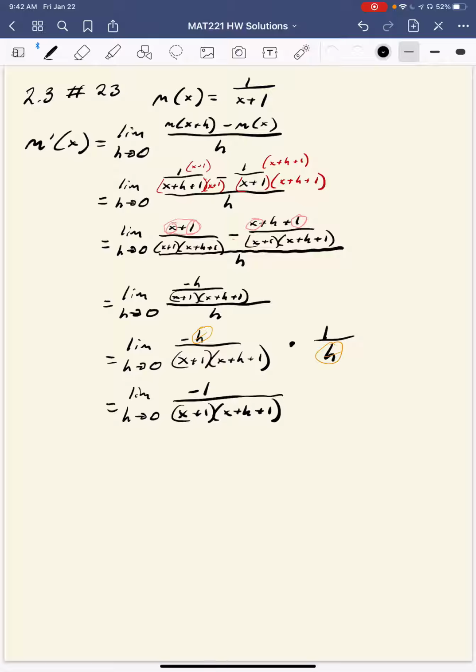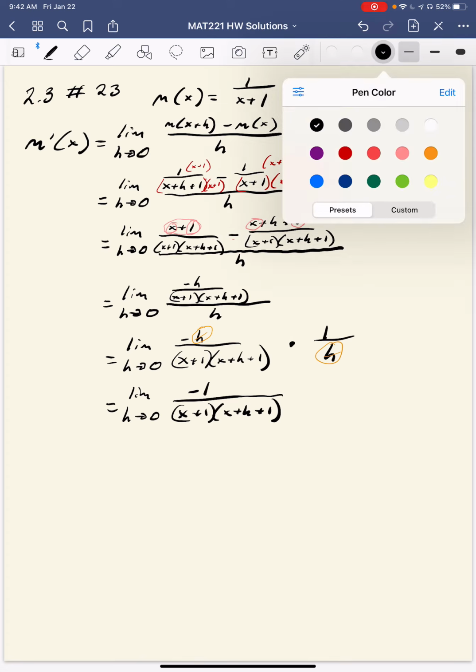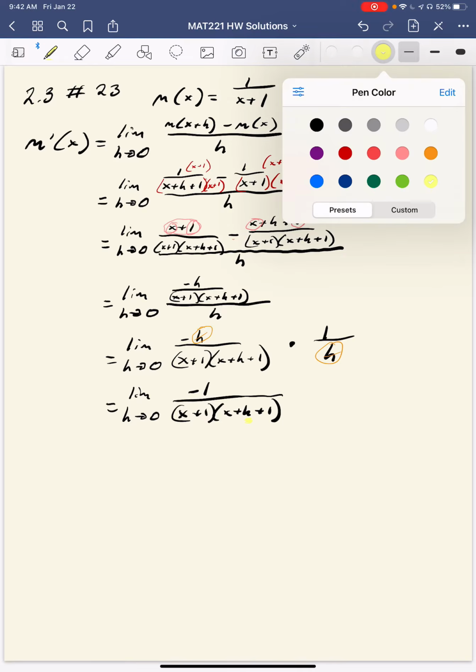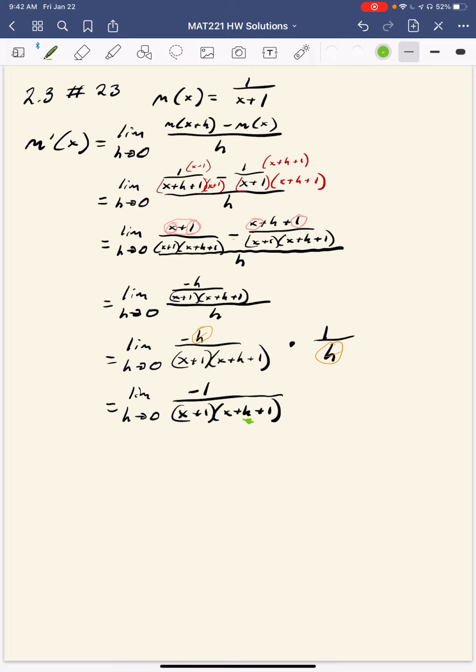So it's now time for me to take that limit as h approaches 0. In other words, I'm going to see what happens to this expression as this h value gets smaller and smaller and smaller. As that h value gets smaller and smaller, this whole term becomes simply x plus 1.